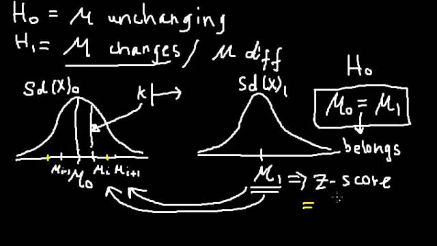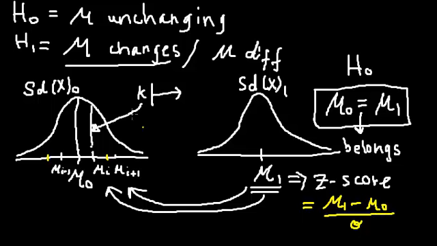Well, it's just equal to the statistic we're testing, which is mu 1, minus the mean of the population, or the mean of the distribution we wanted to test it on, which is mu 0, all over the standard deviation. The standard deviation of the sampling distribution. So you might say that it should be sigma.